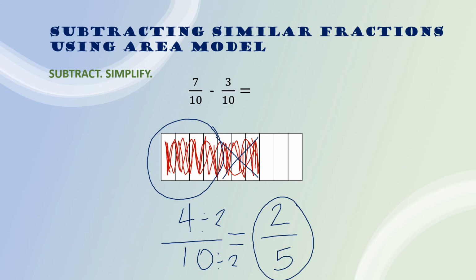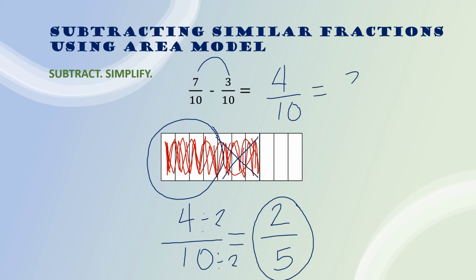So how do we do that in terms of just subtracting the numerators and copying the denominator? It's 7 minus 3. 7 minus 3 is 4. Then copy the denominator, which is 10.